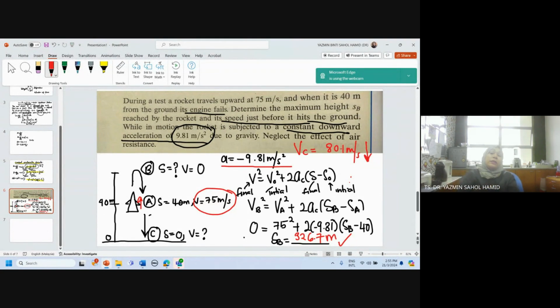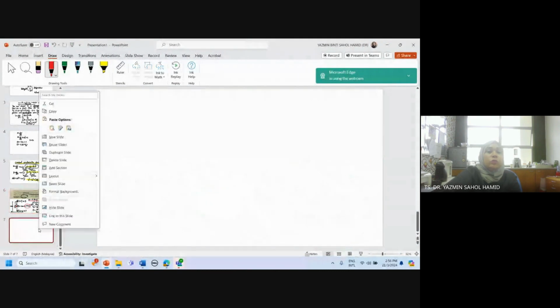Okay, so I need you to try to get that answer. But just to let you know, you already have a complete answer for A and B. You can analyze the question for the velocity with point A and C or point B and C. You can choose either two points.